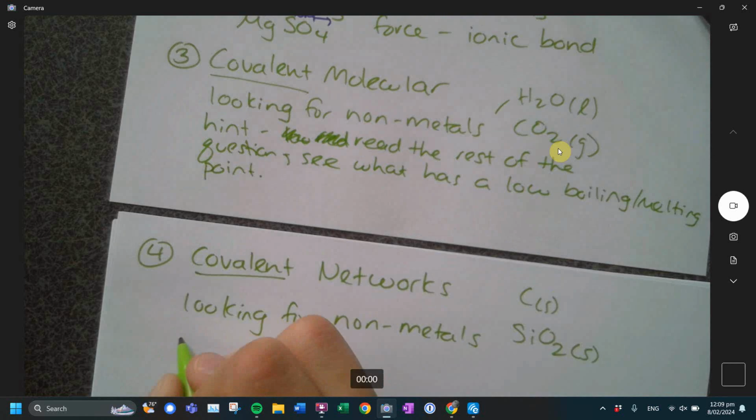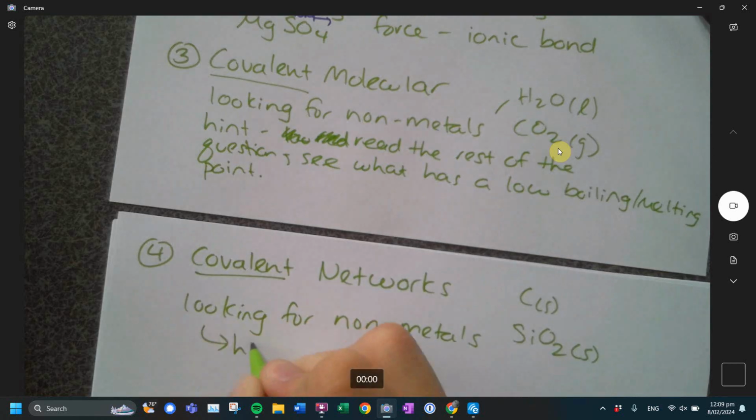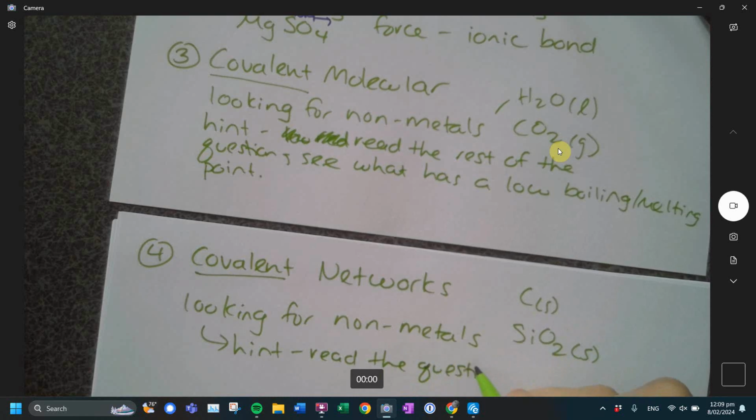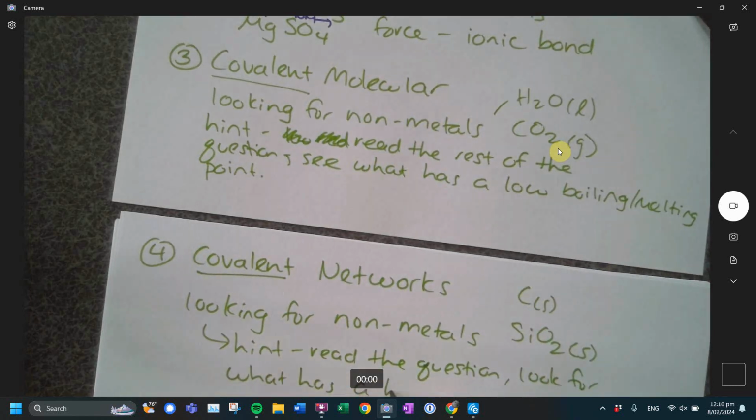These covalent networks, the hint to how to find them is, again, read the question. Look for what has a high boiling point or melting point. And I'm just going to abbreviate that BPMP.